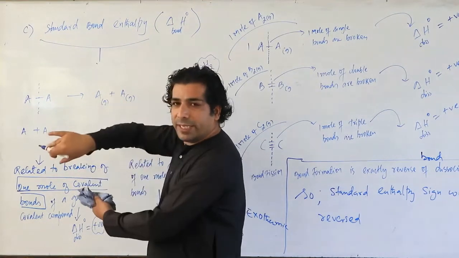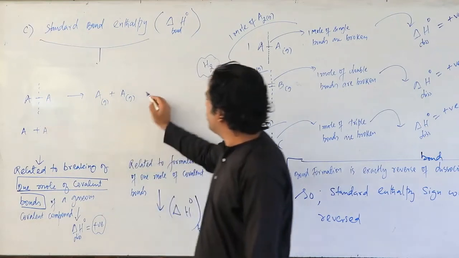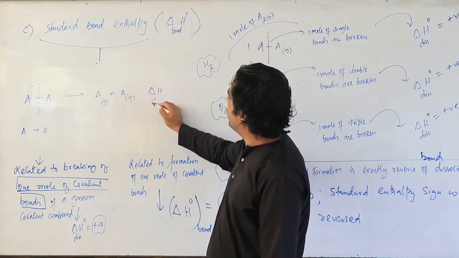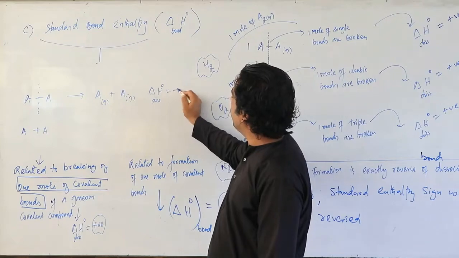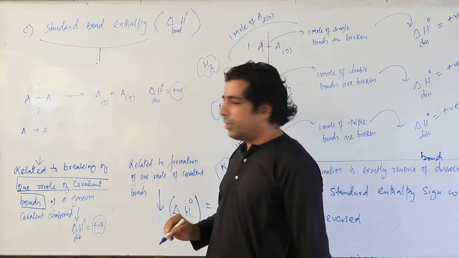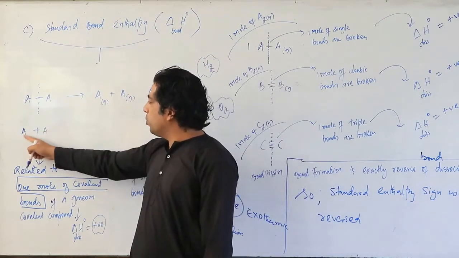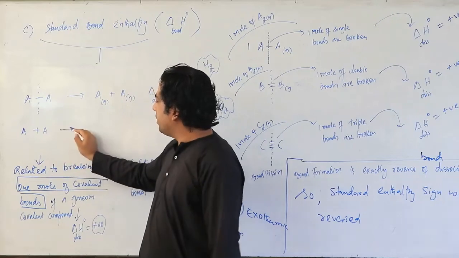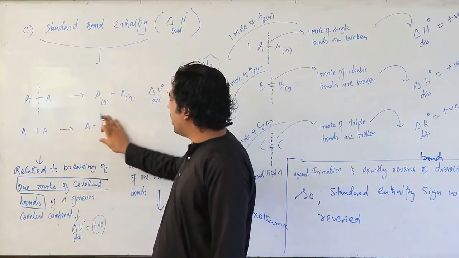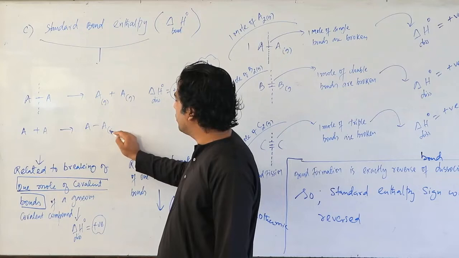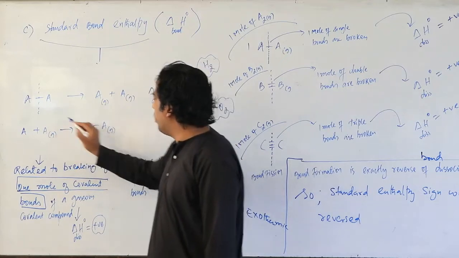Let me reverse this reaction. Here we are doing dissociation. So delta H dissociation will be here what? Positive, energy is required. But here we will make 2 elements combine and they are making a bond, my dear friends. So here the bond is formed.